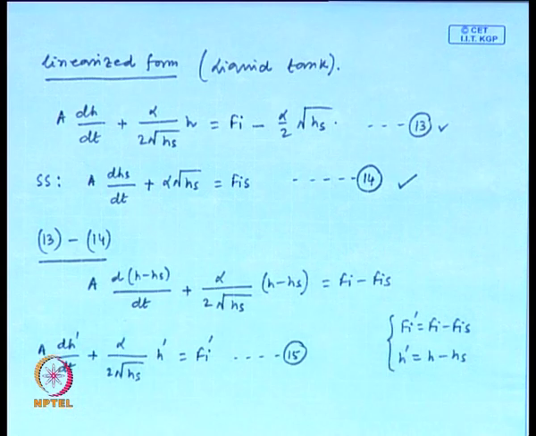This is, suppose, equation number 15. So, for the liquid tank system, after linearization we got one equation, and in terms of deviation variables we got equation 15. Fine. So, this is basically the linearization of nonlinear equations for a single variable system. I mean, only one nonlinear equation is involved in this example.